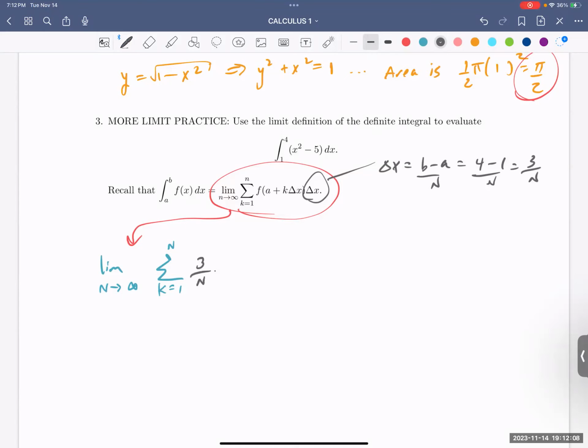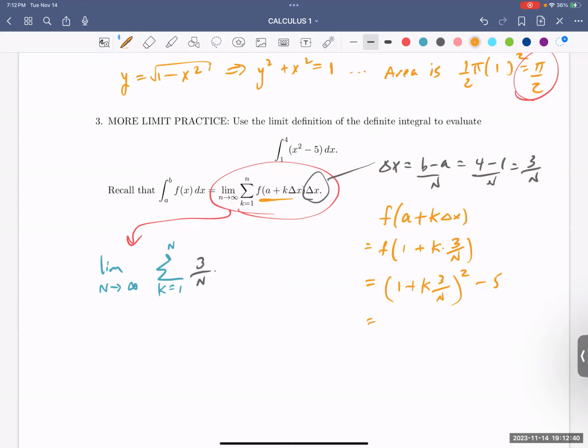F of a plus k delta x is f of 1 plus k delta x, 3 over n. And if you plug this input into that input there, we're going to square it and subtract 5. So we get 1 plus k 3 over n, squared, minus 5.